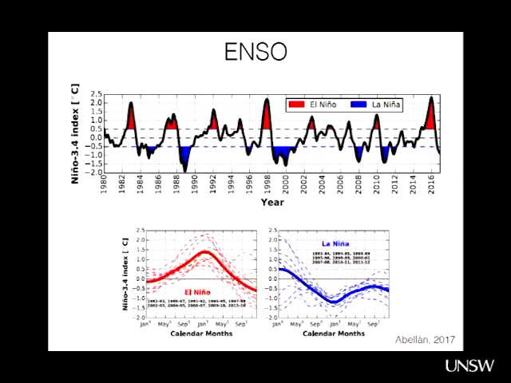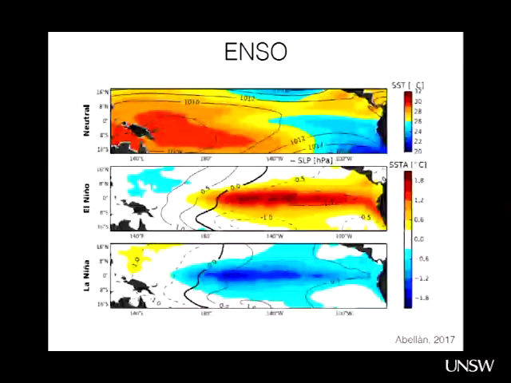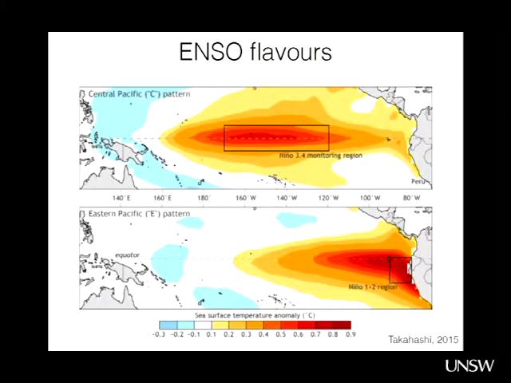Also, about ENSO, why do we have 4? I remember that we have 4 indexes. Okay, so part of that is, here, this is the 3.4 box, so people calculate the 3.4 ENSO index, which is probably the most commonly used. But you can see that if you're calculating that index for this type of event, it's going to be quite a different result to if you calculate it for this type of event. So people use the Niño 1-2 region, which is right next to the coast, to look more at this type of event.